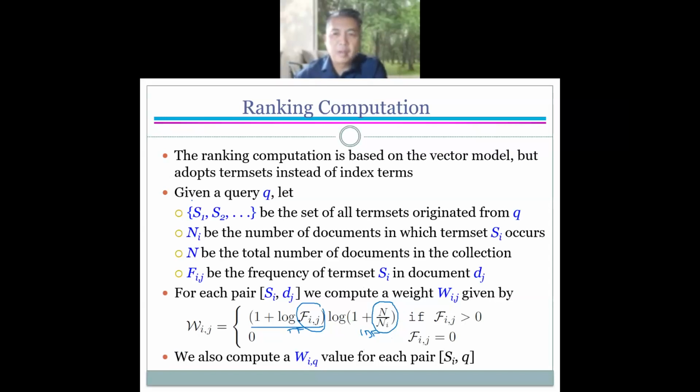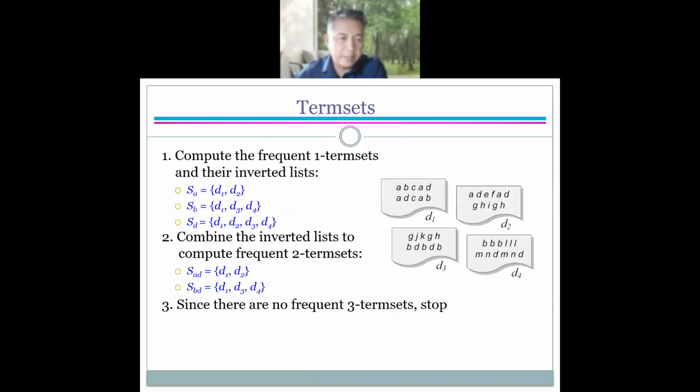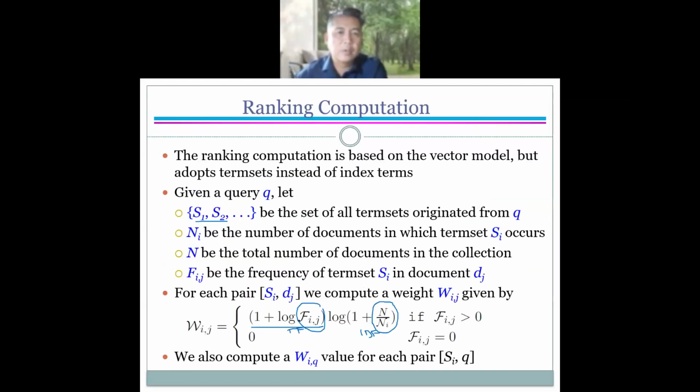So when we look at this formula, we look at the set here. In our example, we have 5 sets, S1 until S5. Ni refers to the number of documents in which term set Si occurs, N is the total number of documents, and Fij is the frequency of set i in the document Dj.